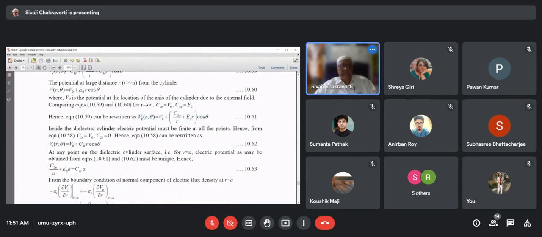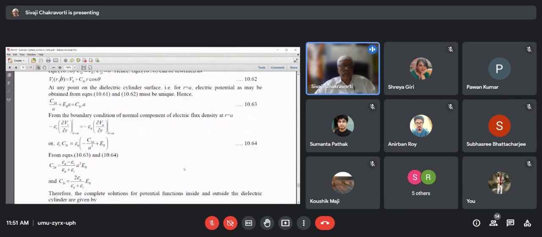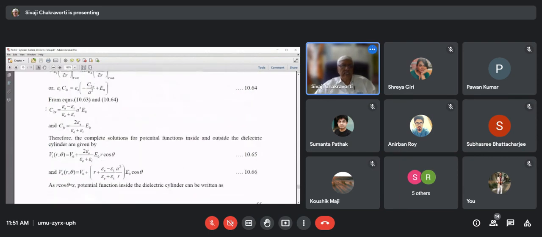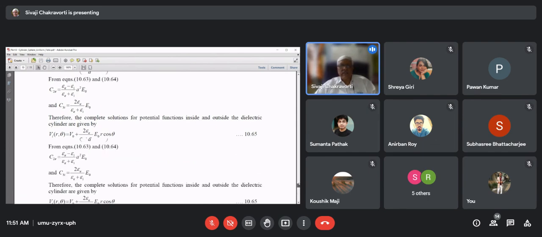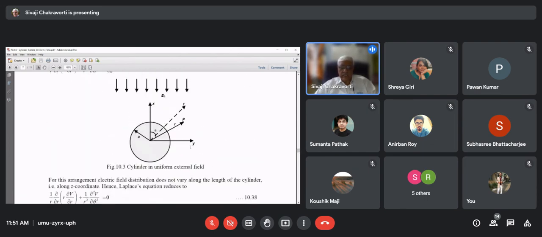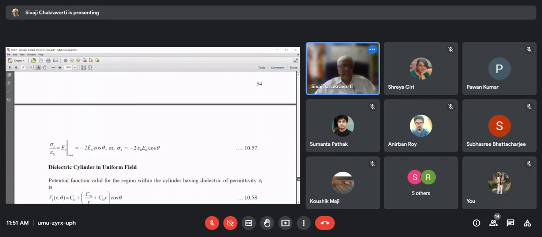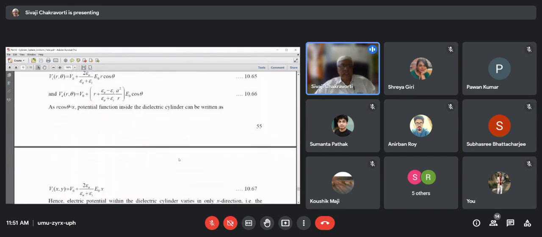Once again, if you look at this diagram, you see that r cos theta is actually the x coordinate. So in the solution we have finally obtained, r cos theta is equal to x. In equation 10.65, which is inside this dielectric cylinder, when we write r cos theta as x, we can see that the electric potential varies only with x.